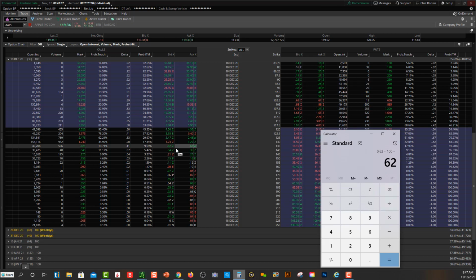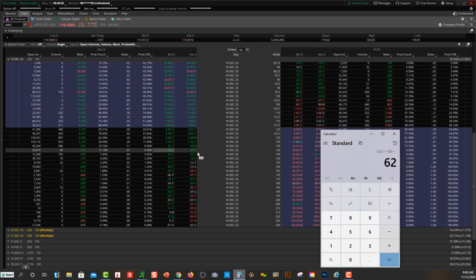But the problem is they're not realizing the odds of this trade they're buying, right? You want that options contract as a buyer to be in the money at expiration, not out of the money. But this is showing you right here that you would only have less than a 10% chance. So you have a 90% chance of failure.